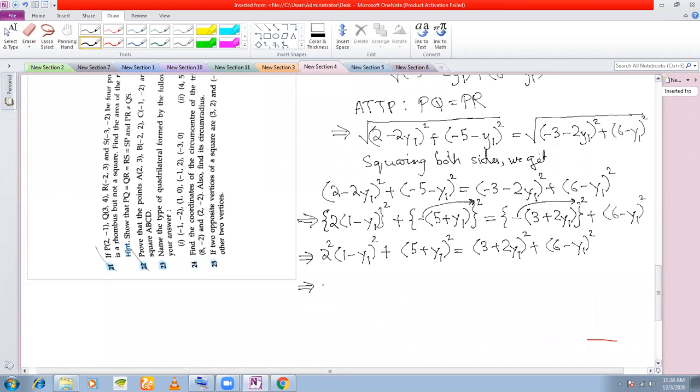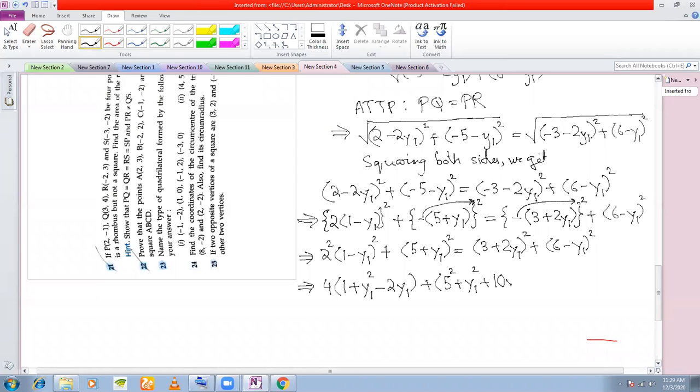So this becomes 4 times, and you expand this by the (a minus b) whole square formula, a square plus b square minus 2ab, plus again this by the (a plus b) whole square formula, so this becomes a square plus b square plus 2ab.